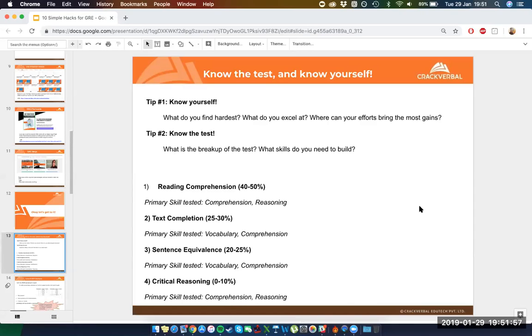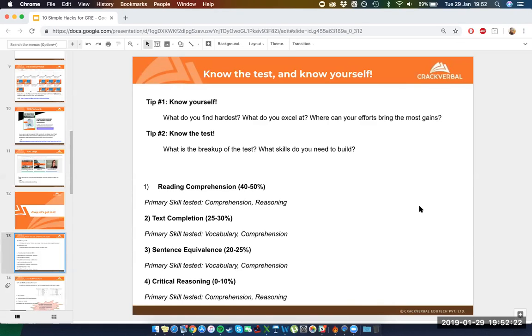Generally, a score of 320 will get you into most universities around the world, and hardly any universities will ever reject you because your GRE score is too low. They may reject you for other reasons because they happen to be selective programs, but not because of your score. Anyway, knowing these things about the test and about yourself are crucial details towards gaining a sense of how to approach the test.